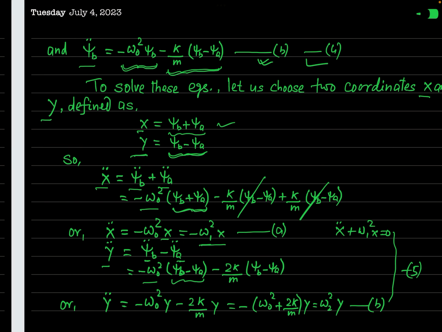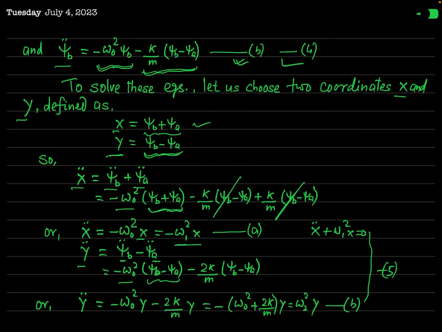These two will be added, and this will become minus 2k over m psi b minus psi a. Okay, now psi b minus psi a, you have seen, we have assumed it as y. So this psi b minus psi a is replaced by y. So y double dot is minus omega naught square y minus 2k by m into y.